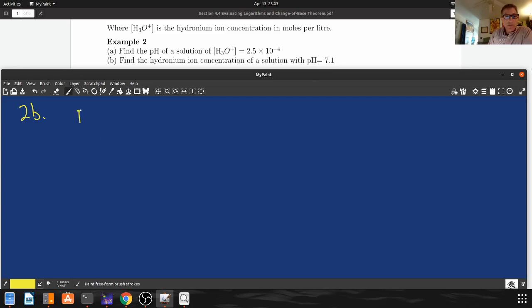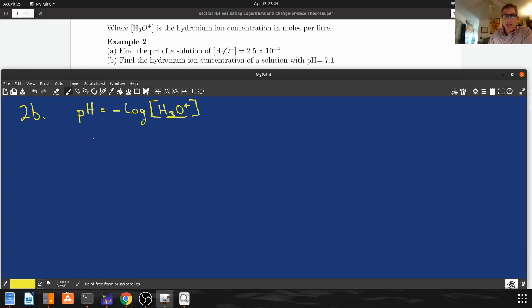So again, we have the formula pH is equal to minus log of H3O plus, the hydronium ion. Notice this is a quantity, a concentration in moles per liter. That's the unit. So whatever we find is going to be in moles per liter.